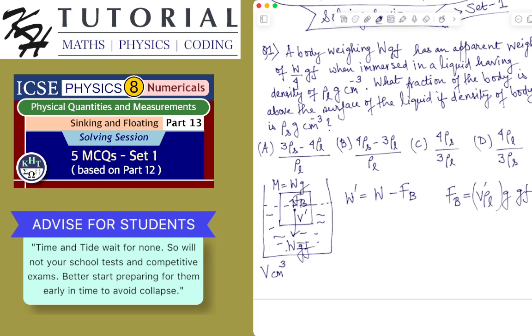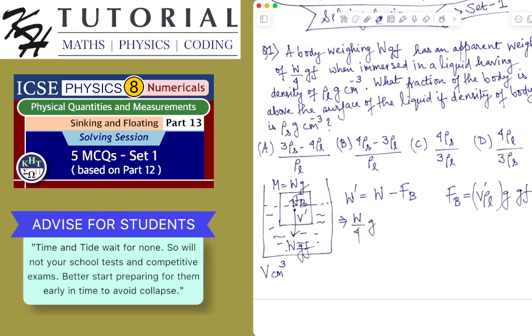Okay. Now, what fraction of the body is above the surface of the liquid, if density of body is this. Okay, it also says that the apparent weight is given. The apparent weight, which is W dash, is given to be W by 4.